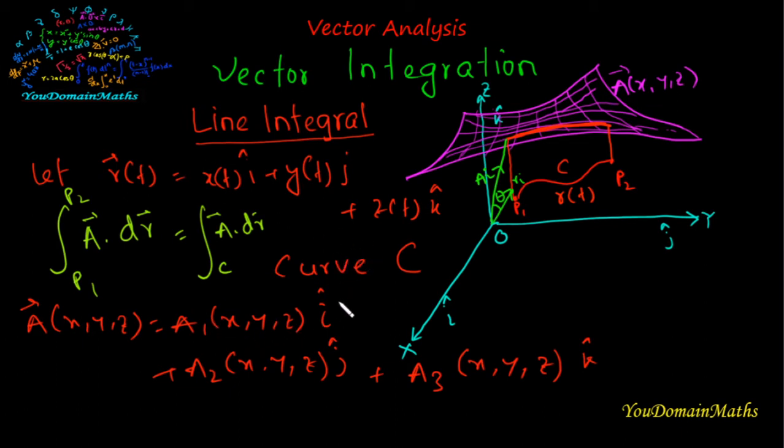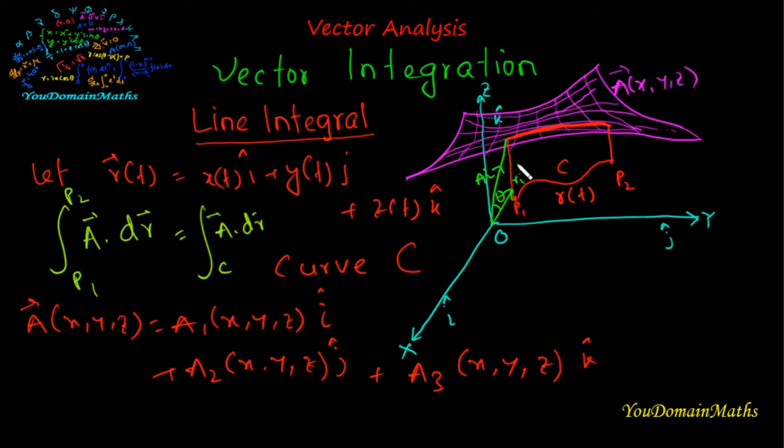Firstly, we will see that when a vector is defined on x, y, z as the coefficient of r in this form, then it is a surface. But x of t is a function of t only. So here x of t, that means this A1, is a function of t only. At that time it is a curve.